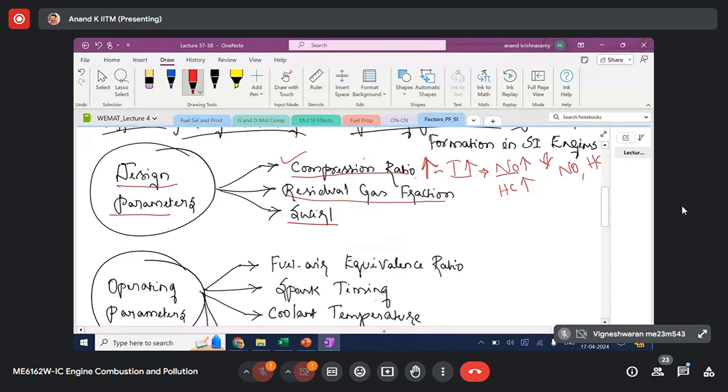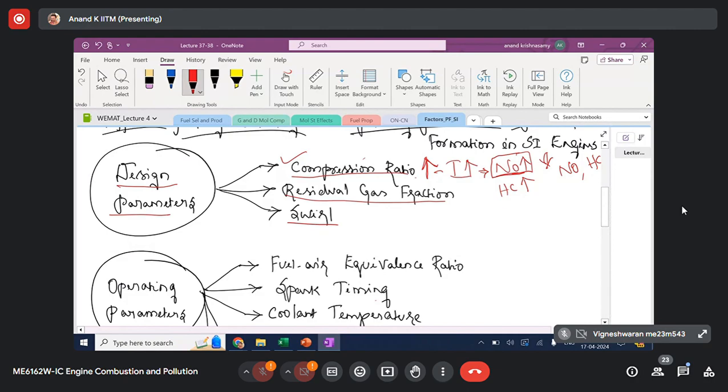For example, NO, nitric oxide, is highly sensitive to temperature changes in the engine cylinder. We discussed 3 formation routes for NO: thermal NO, prompt NO, and fuel NO. Thermal NO contributes 90% of total NO formation, and it is formed in the high temperature burned gases. So the higher the temperature, the higher the NO formation.